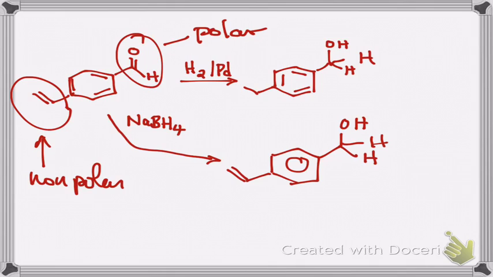I just wanted to show the hydrogens from the reduction. That's what you get. So inherently, there's something different about a ketone and an aldehyde than an alkene. And if you have an alkene and you don't want to reduce it, you can selectively reduce an aldehyde, a ketone, a carboxylic acid, an amide, a nitrile. There's a bunch of stuff you could selectively reduce using sodium borohydride or lithium aluminum hydride.